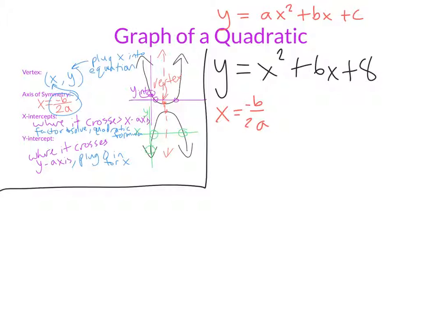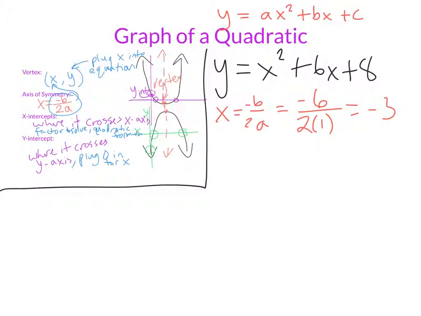So all the numbers in front, our coefficients, are the letters a, b, and c. So b is 6 in this case, so it would be negative 6 over 2, and then a is 1 in this case. All right. So all that gives me is negative 6 over 2, which is negative 3. So that is my axis of symmetry, and it's my x-coordinate of my vertex.